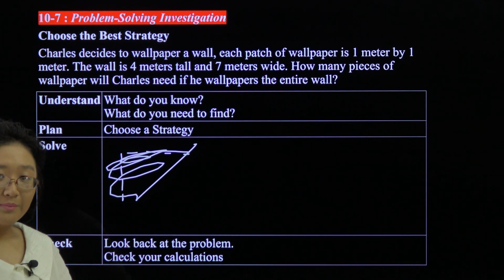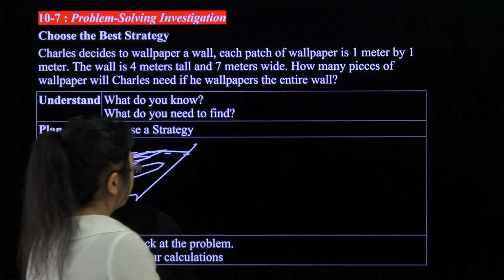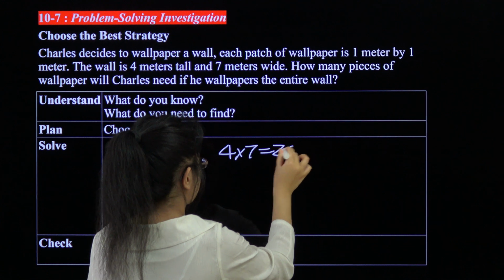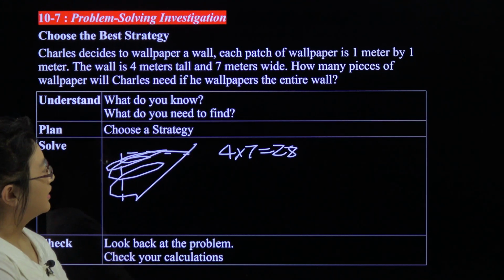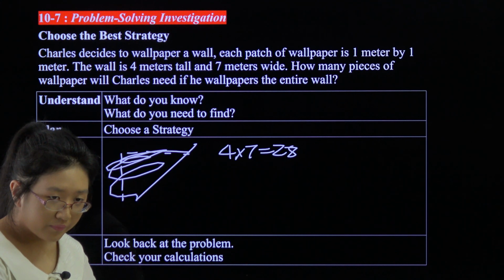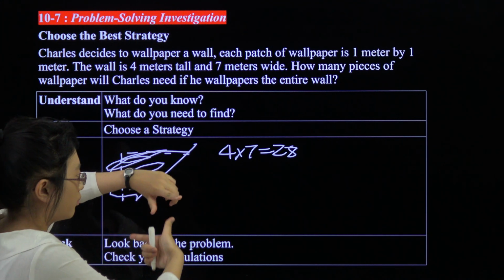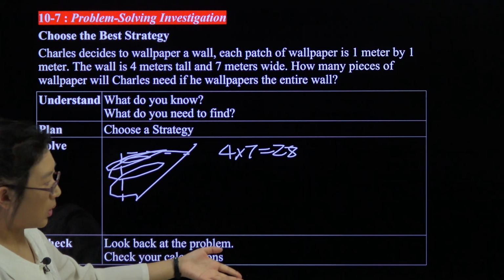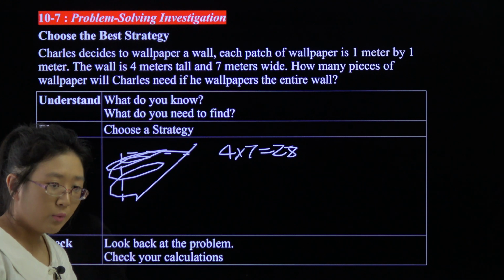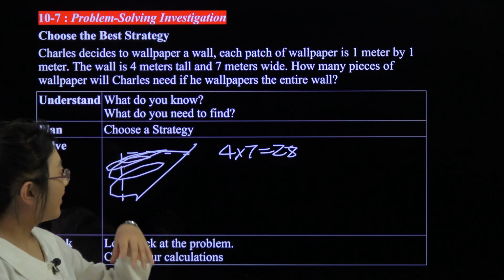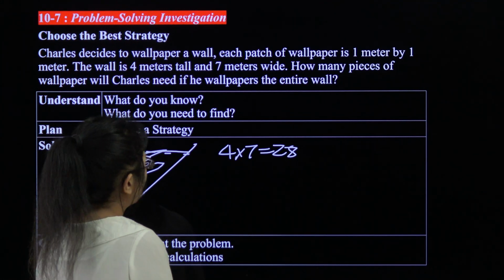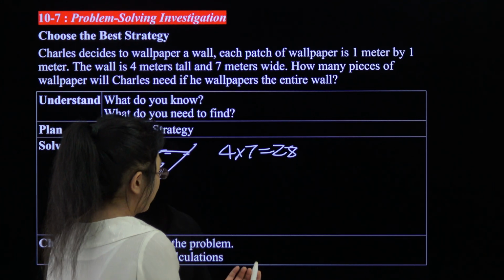Now what's 4 times 7? 28. So if it's 1 meter by 1 meter, then that's 1. 1 times 1 is 1. So 28 divided by 1, remember your division properties, is just 28. So Charles needs 28 pieces of wallpaper.